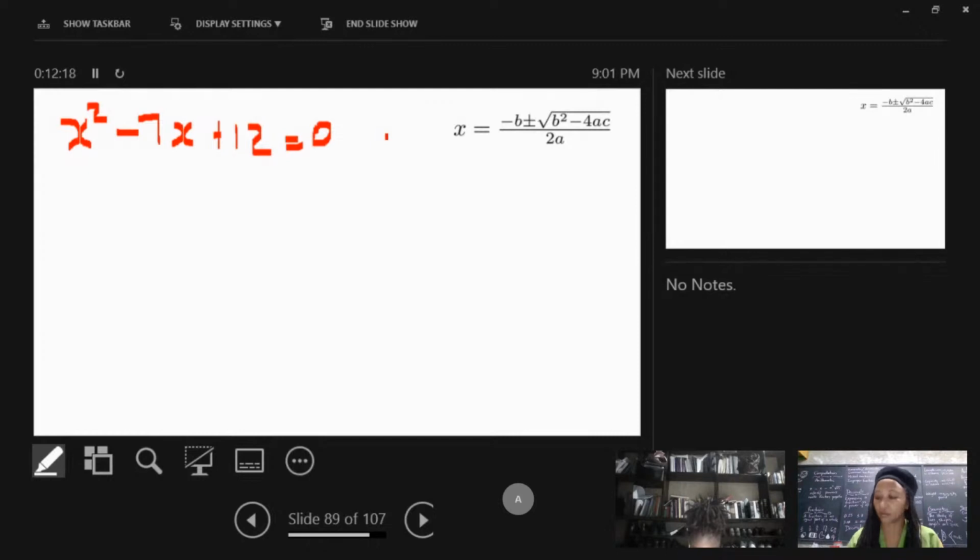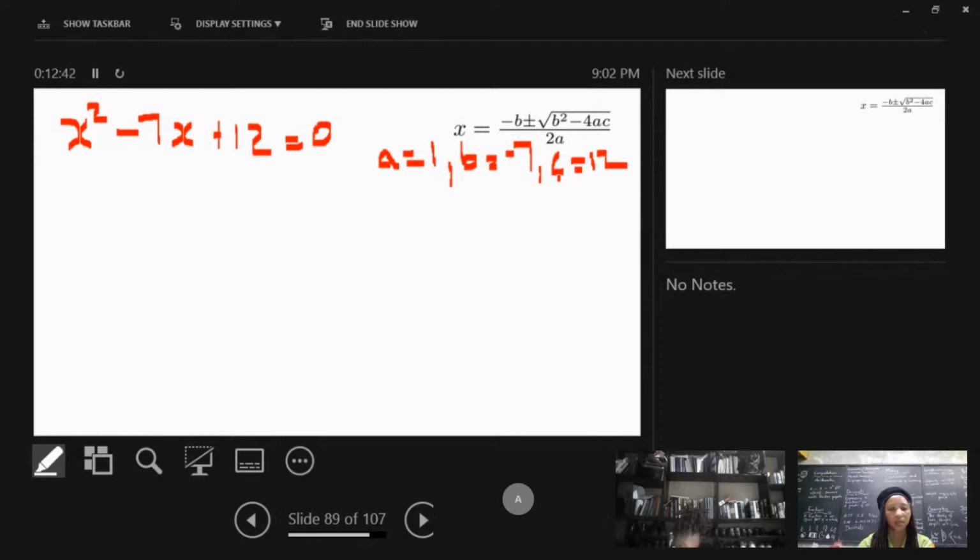A is equal to 1, B is equal to negative 7, and C is equal to 12.